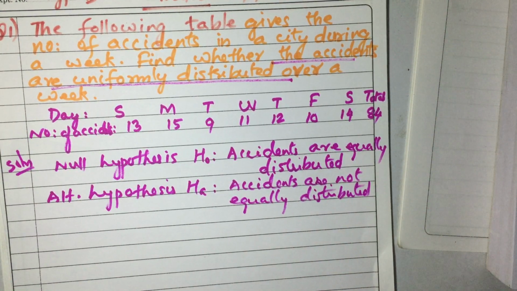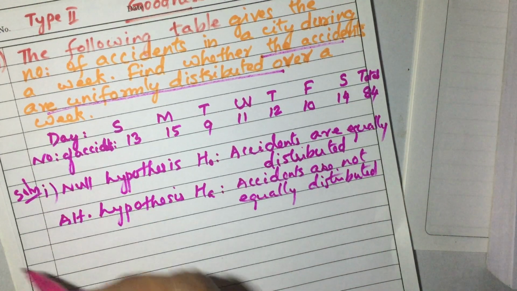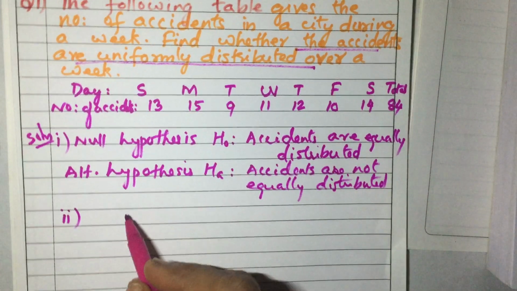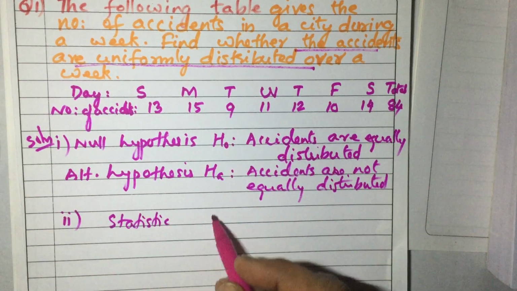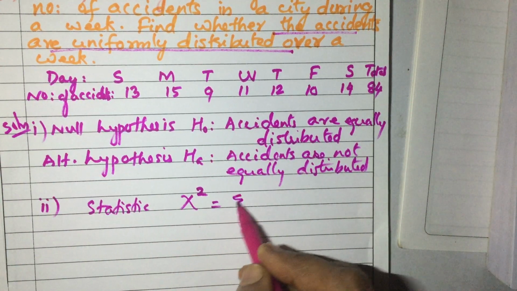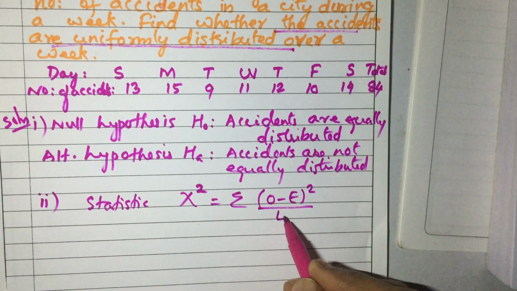Now we need to calculate the test statistic. The statistic is chi-square equal to summation of O minus E the whole square divided by E.